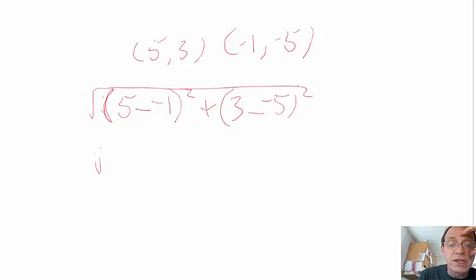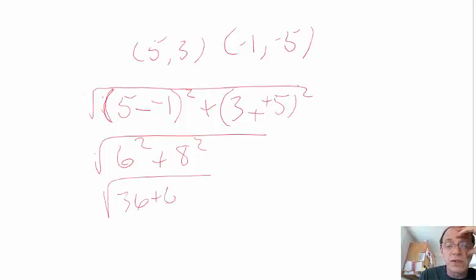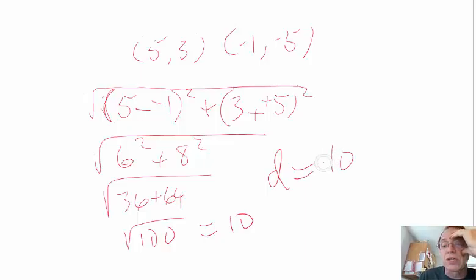5 minus negative 1 is 6, so I'm going to get 6 squared, plus 3 minus negative 5 is going to be 8, so it's 8 squared. I already know the answer to this. It's the square root of 36 plus 64. 36 plus 64 is 100. Square root of 100 is 10. So that tells me my diameter is 10.